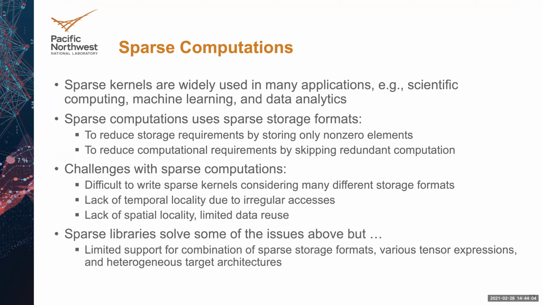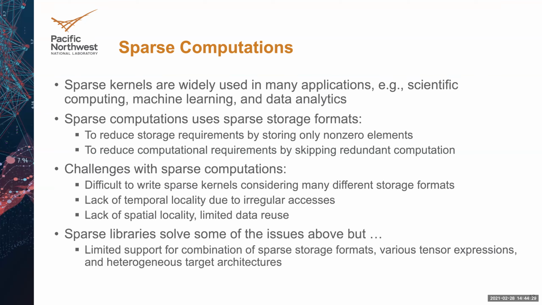The main one is that writing sparse kernels is quite hard, considering we have many different storage formats. In terms of computational challenges, there are a lot of irregular accesses in sparse computation, and we don't have good temporal and spatial locality.